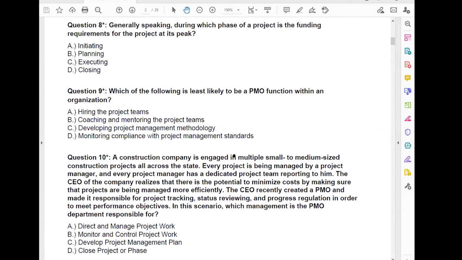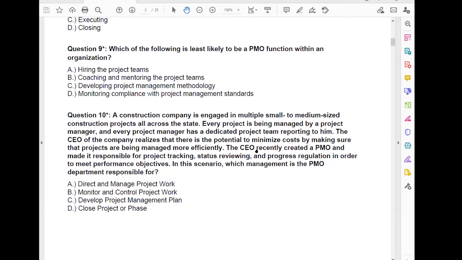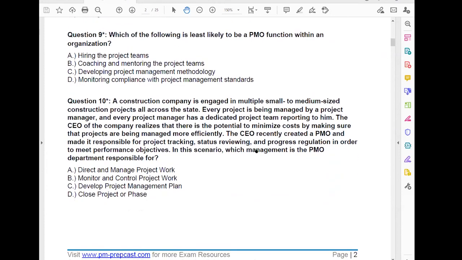Okay, next one. Number 9. Which of the following is less likely to be a PMO function within an organization? A, hiring the project teams. B, coaching and mentoring the project teams. C, developing project management methodology.